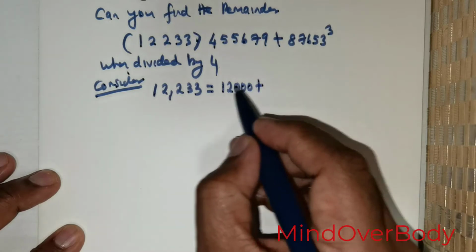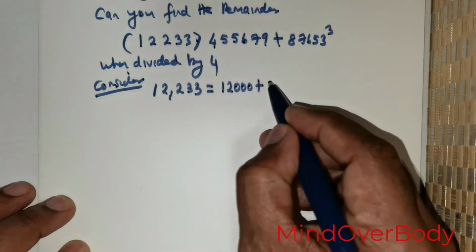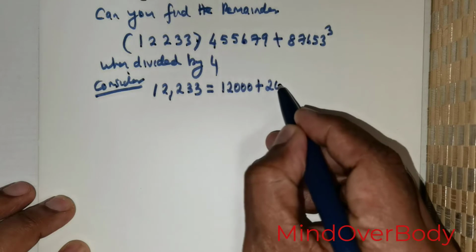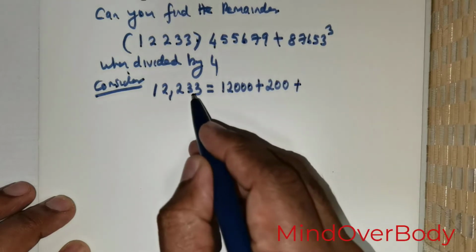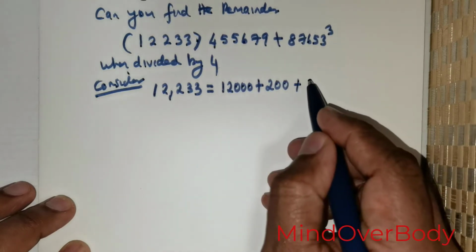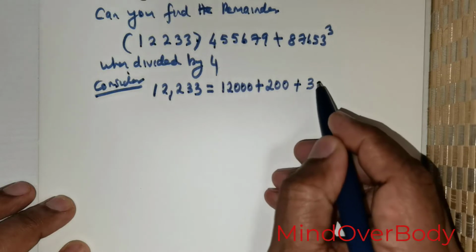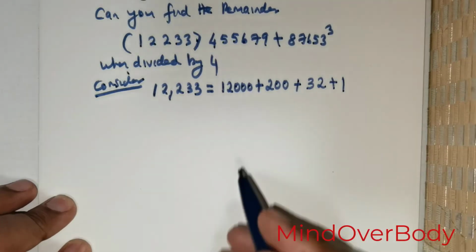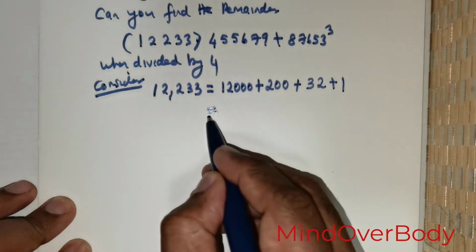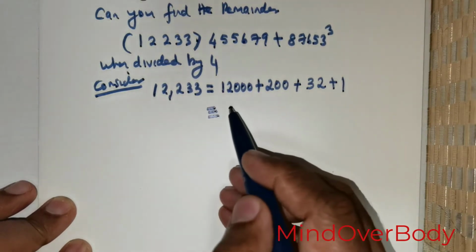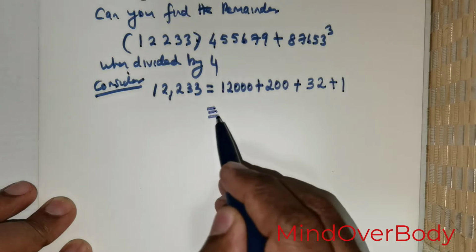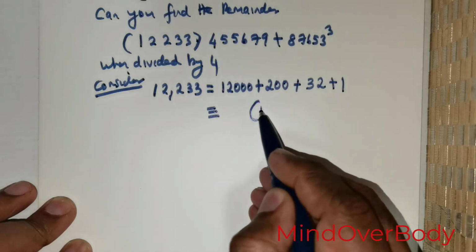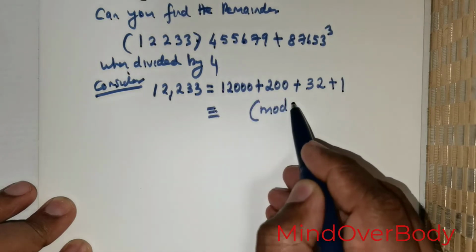Now this 12,233 can be rewritten as 12,000 plus 233 and then probably 200 and then 33. I will write it in this fashion, 32 and 1. Now clearly you can see that I'm placing this symbol, so that means I'm actually using modular principle.